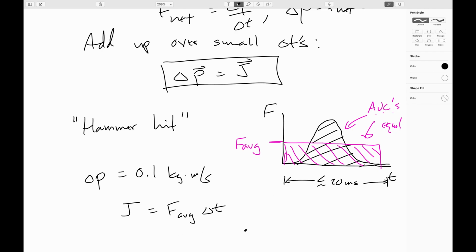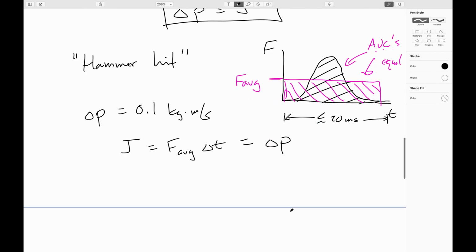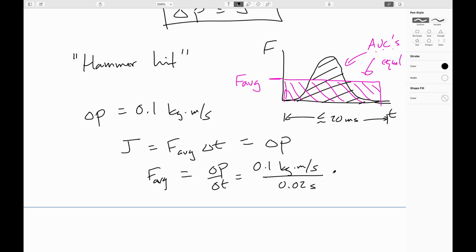And the impulse by the Impulse-Momentum Theorem is also equal to the change in momentum that you found. So then you can go ahead and say, well, the average force that the racket was exerting on the ball in this particular scenario was delta P over delta T. So let's say it's 0.1 kilogram meters per second, and let's say it was our 20 milliseconds, something like that. They get that this is 5 newtons.